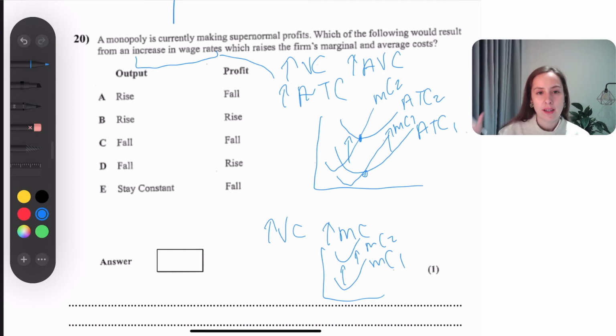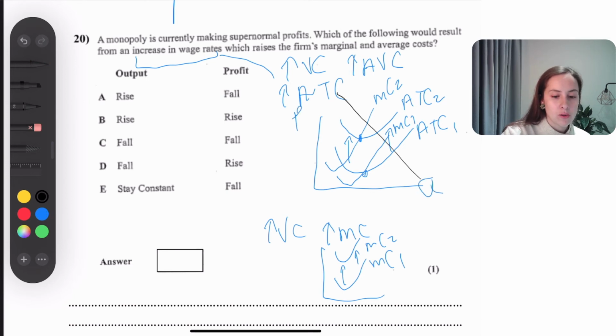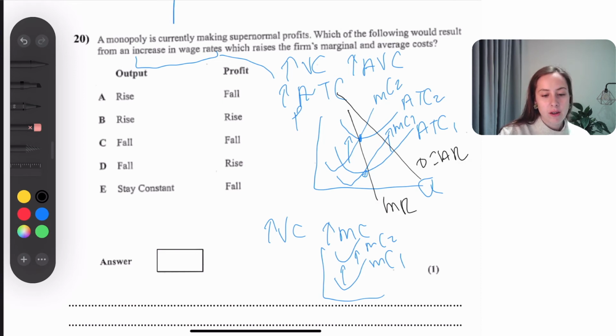Luckily, again, they told you that in the questions, you didn't have to work that out, but to actually get the answer, you will need to draw on your demand curve, draw on your marginal revenue curve, work out the profit max quantity, and I know there's a whole bunch of things on here, so you'll have to work this out slowly yourself, or just trust me with this one.